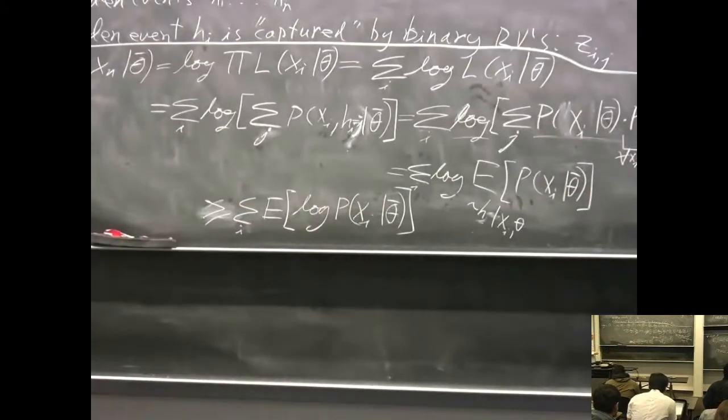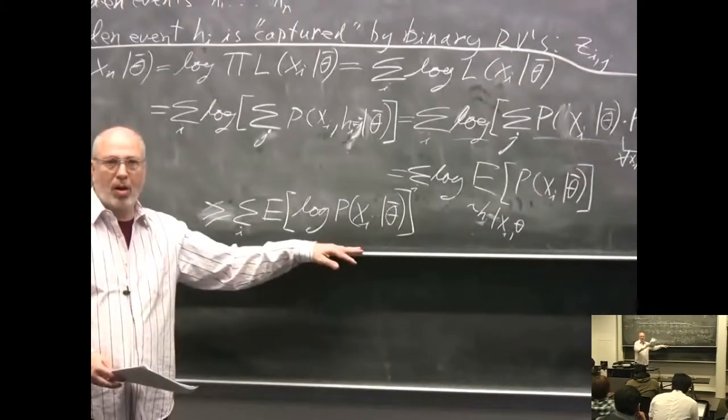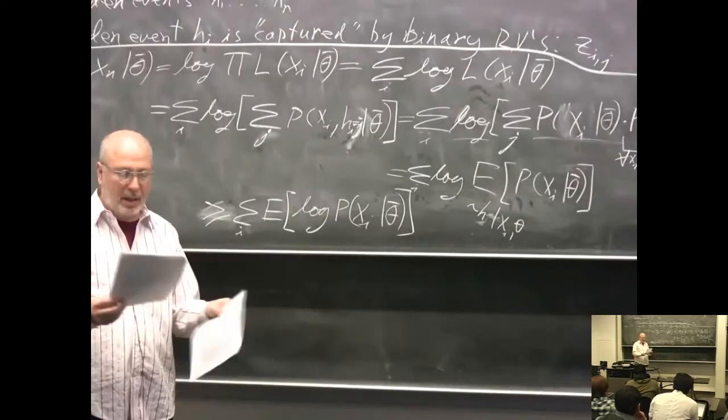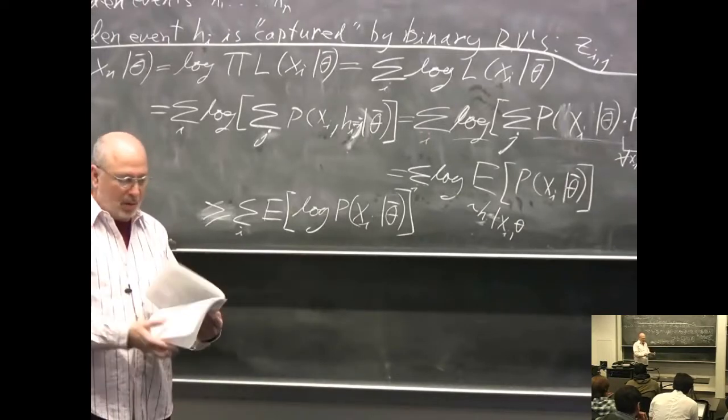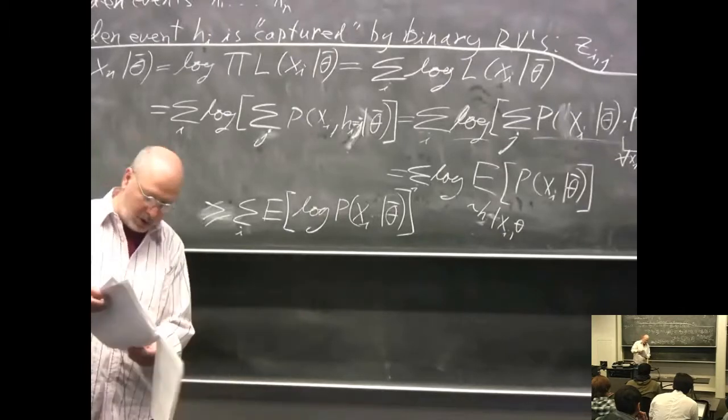So what I found is this is a lower bound on the likelihood that I was looking for. And in Adam's tutorial, he has a nice picture.